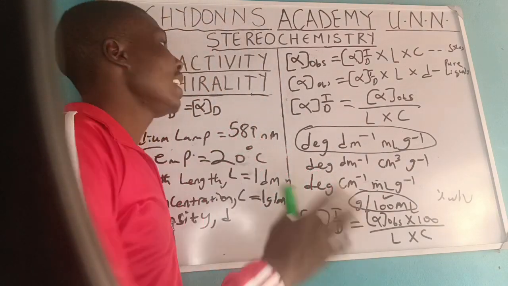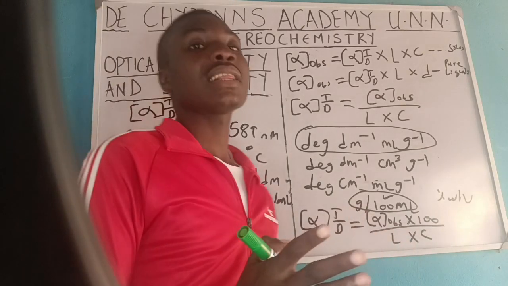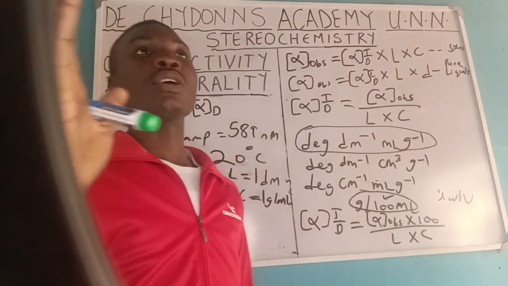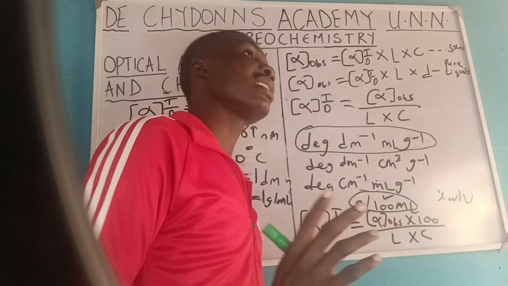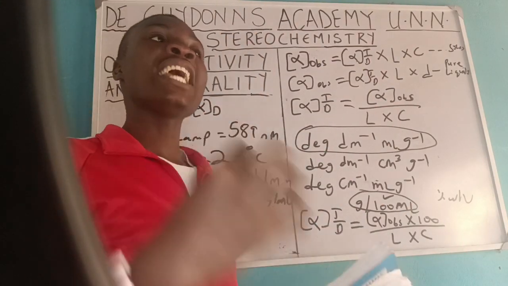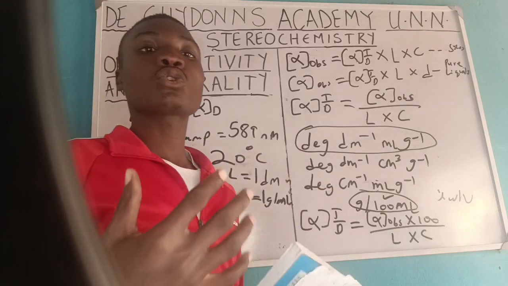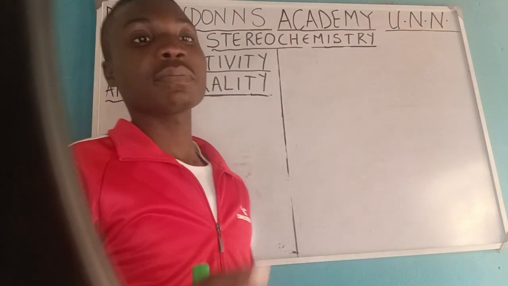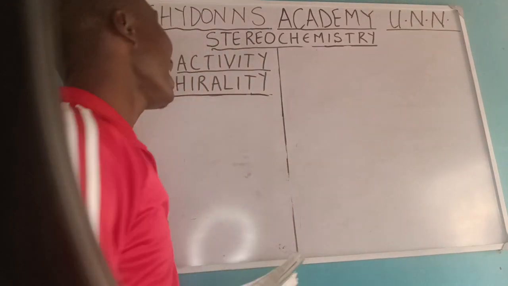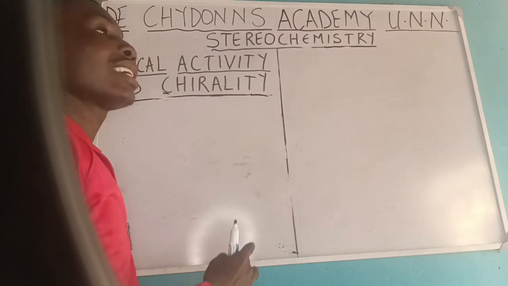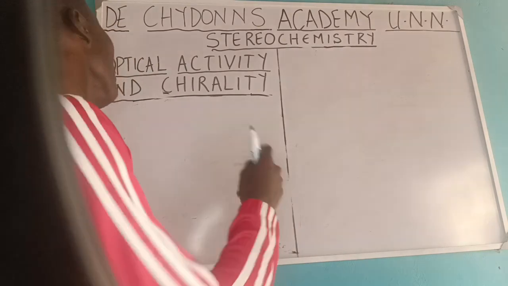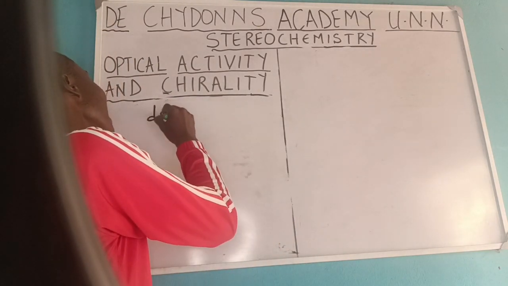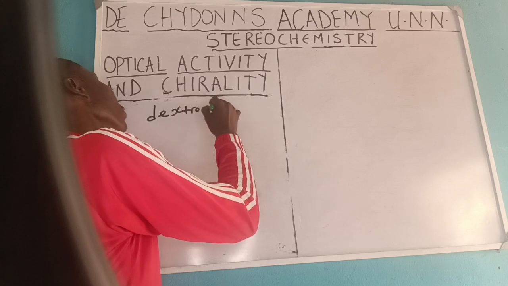Seeing that each of these enantiomers can rotate light to different degrees, one rotates it to the right, another one rotates it to the left. Let me explain what names are usually given to such rotations. When the substance rotates light to the right, we refer to such an enantiomer as dextrorotatory.